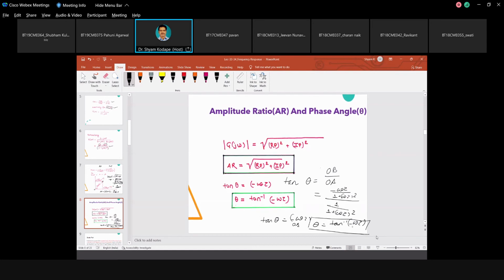Okay, so the concept is that if I would like to identify theta, it is tan inverse of minus omega tau, but the same thing we can say in this equation: theta is equal to tan inverse of OB by OA. It means tan inverse of the imaginary part upon the real part.